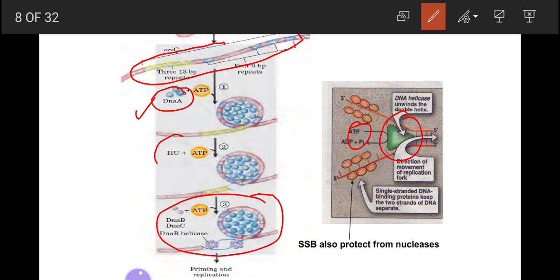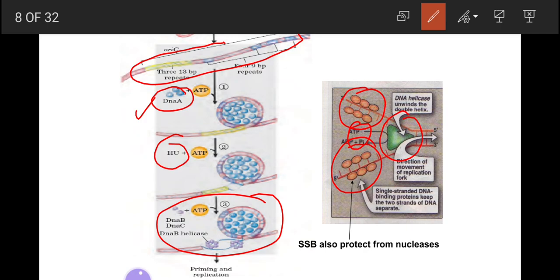And these are the histone-like proteins, which are also needed in the formation of the pre-priming complex. Then another type of protein which is needed is the single strand binding protein.